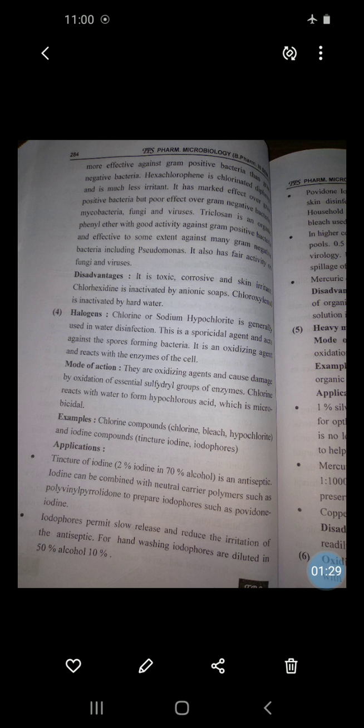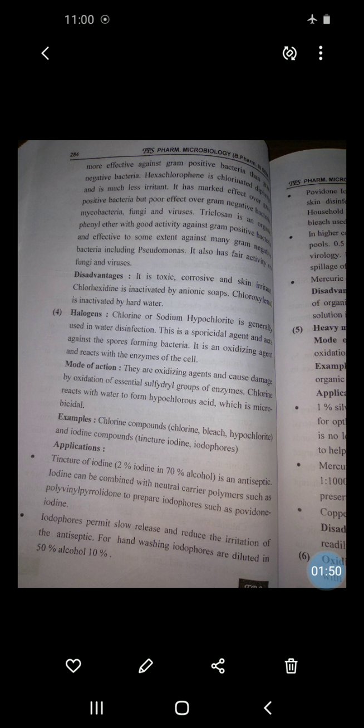Iodine can be combined with natural carrier polymers, for example polyvinyl pyrrolidone, to prepare the iodophores such as povidone iodine. Iodophores permit slow release and reduce the irritation of antiseptics.